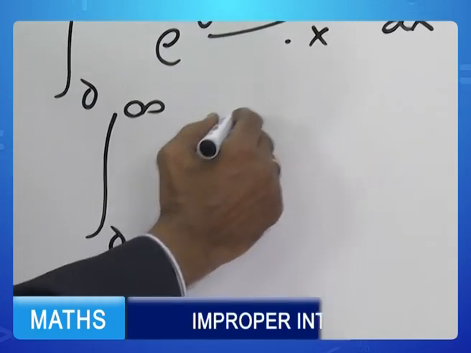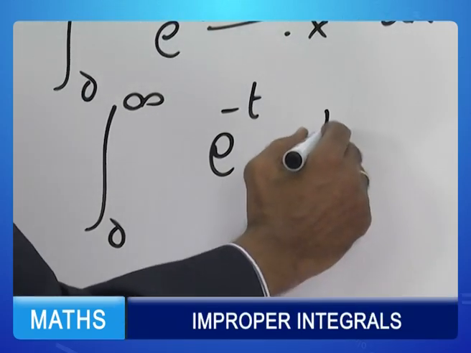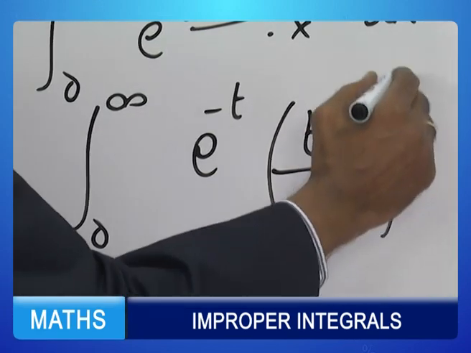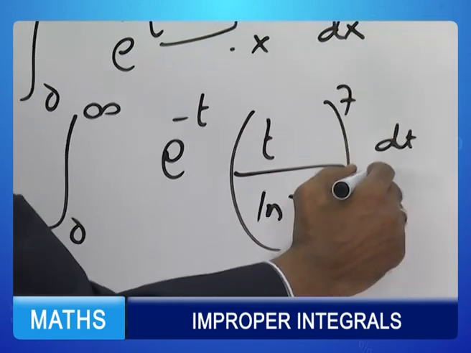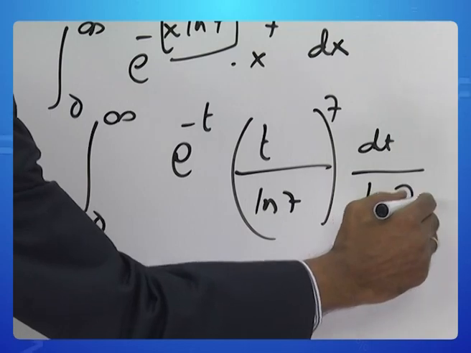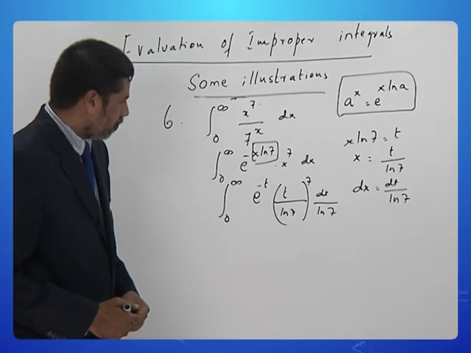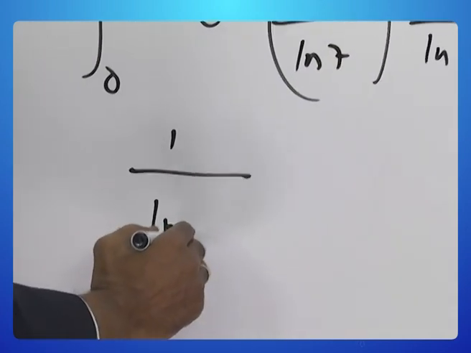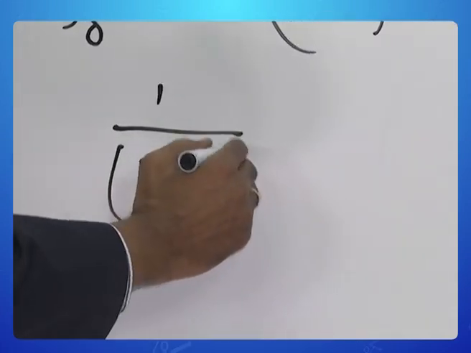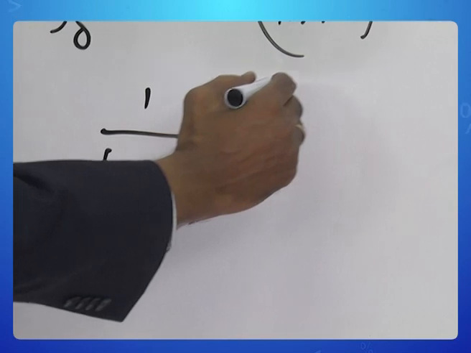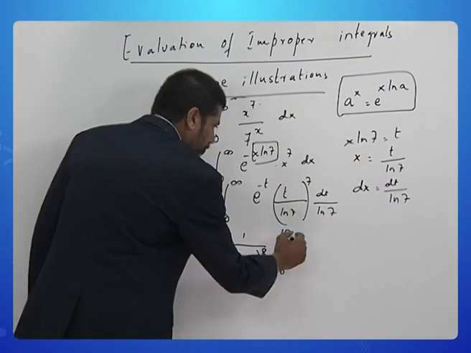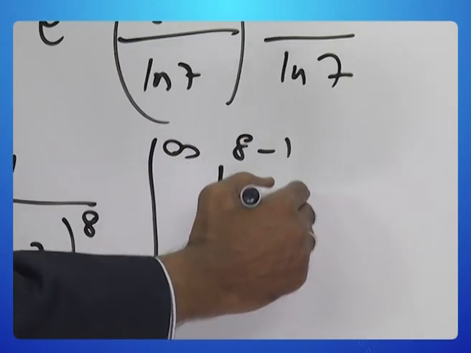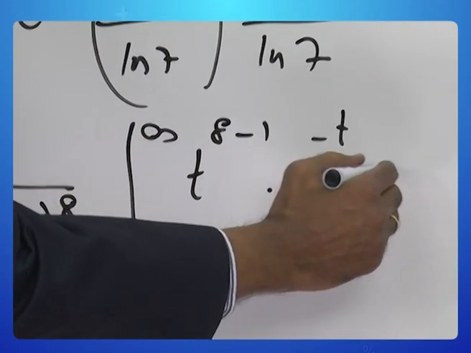So we'll have e power minus t by log 7 whole power 7 dt by log 7. So we can write this as 1 by log 7 to the power of 8 integral 0 to infinity t power 7, which can be written as t power 8 minus 1, e power minus t dt.